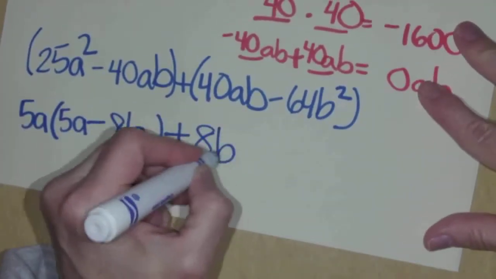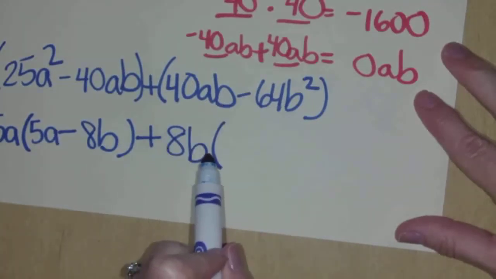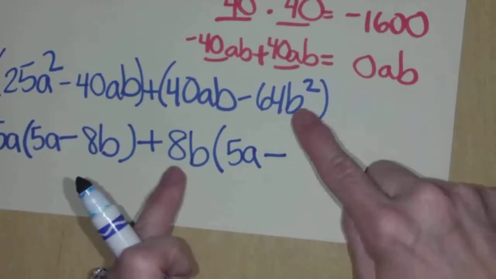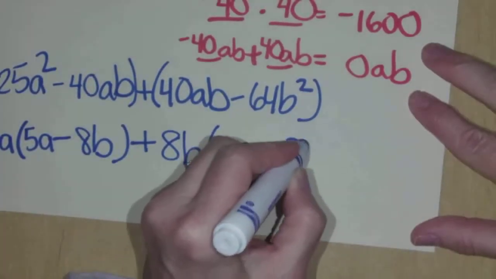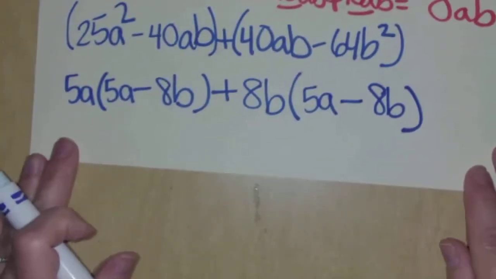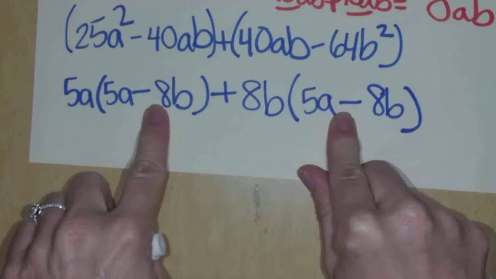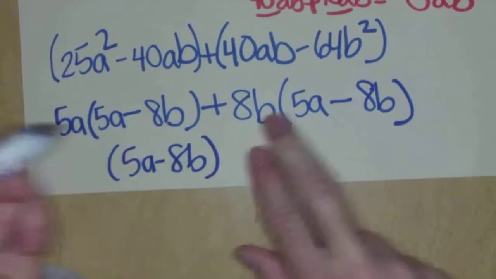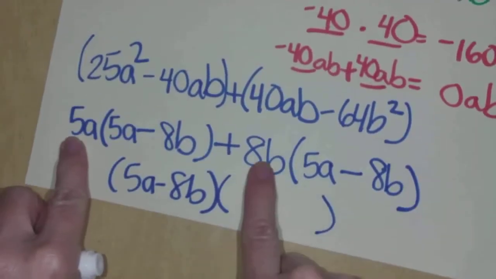So 8b. 40ab divided by 8b is going to be 5a, minus 64b squared divided by 8b is 8b. So now when I look this over, I have a 5a minus 8b with a 5a minus 8b. So I'm going to write that down, 5a minus 8b, and the rest of it, 5a plus 8b.